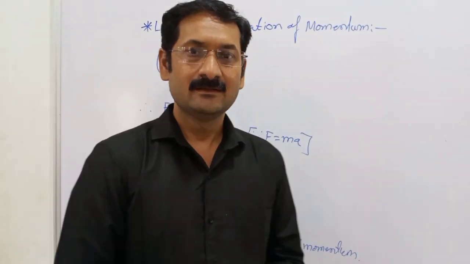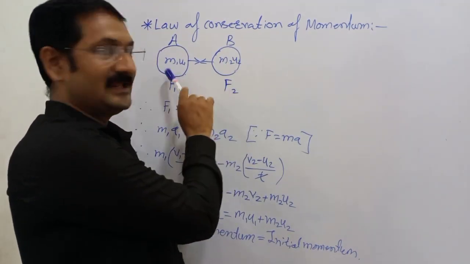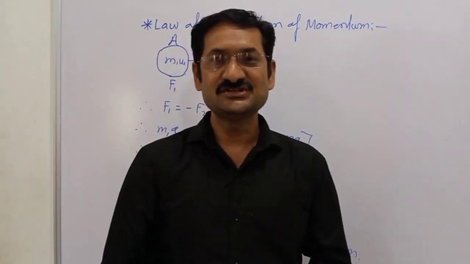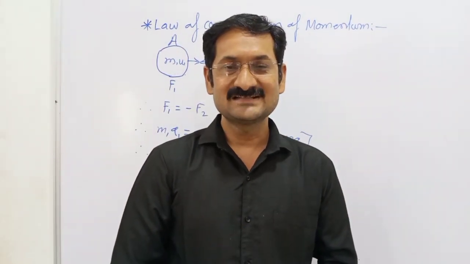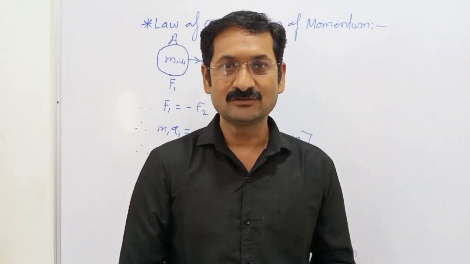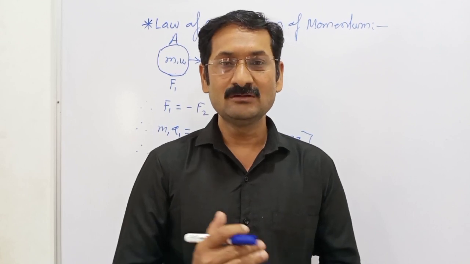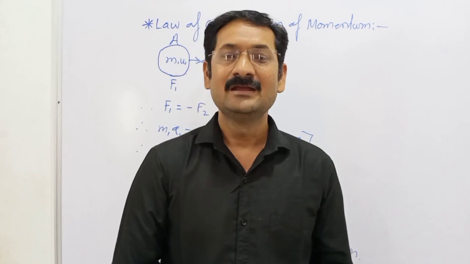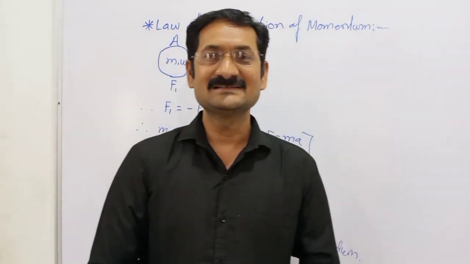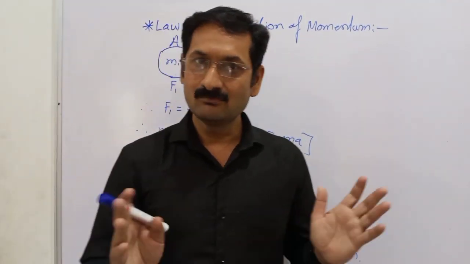So in this way, when two bodies interact and collide and no external force acts on them, their total momentum is conserved, meaning their total momentum before collision is equal to the total momentum after collision, and this principle is called the law of conservation of momentum.